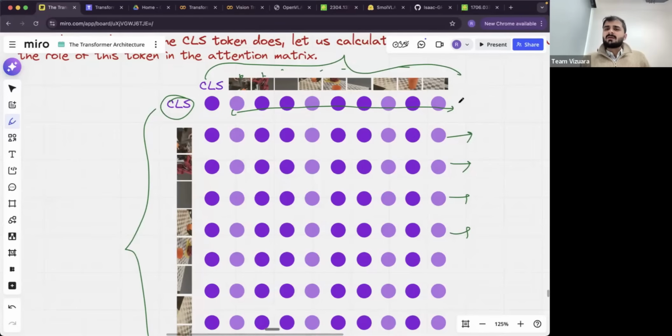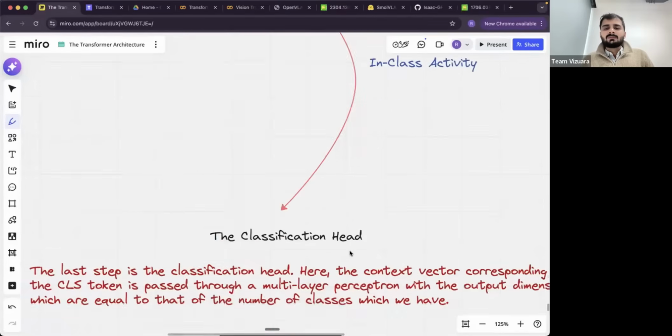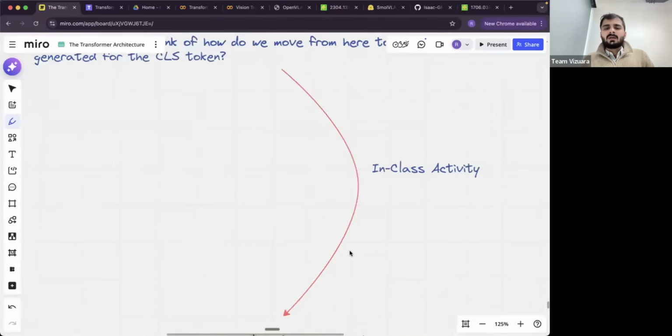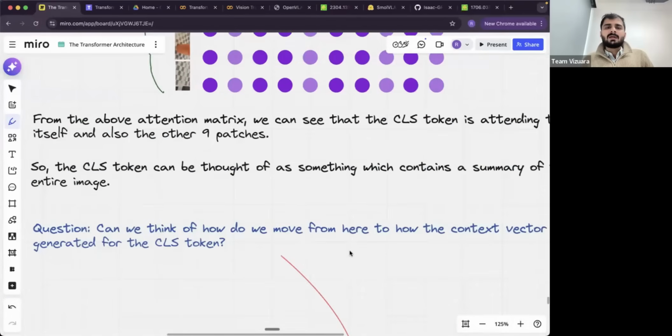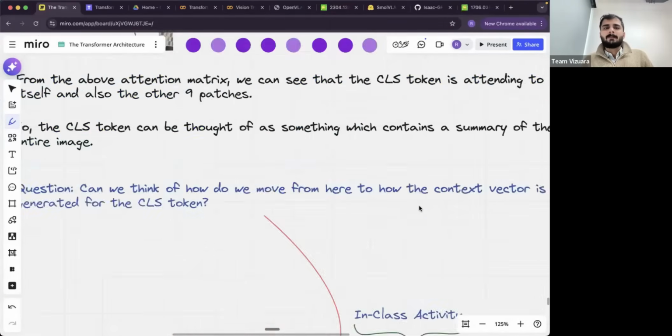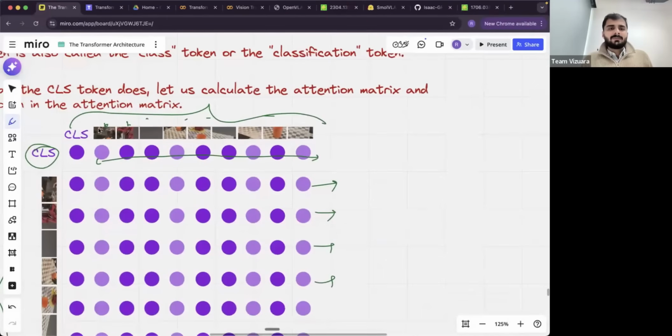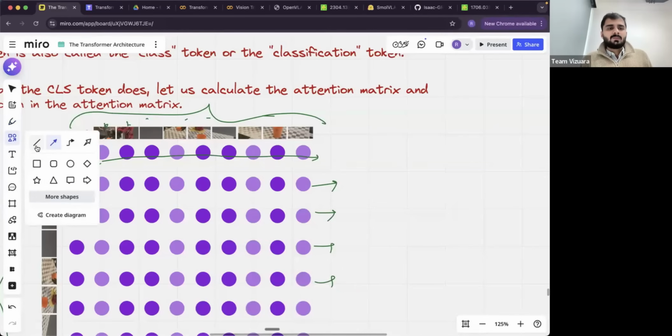After this, it's straightforward how to calculate the context vector. It's the same approach that we have done before. This is something I've probably not explained here, but I've mentioned it as an in-class activity. So let's say there are 9 of these, and the CLS token.